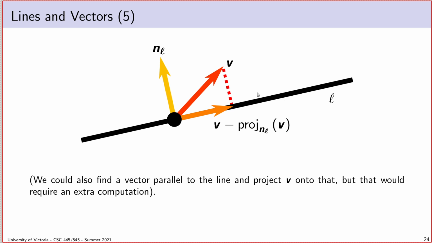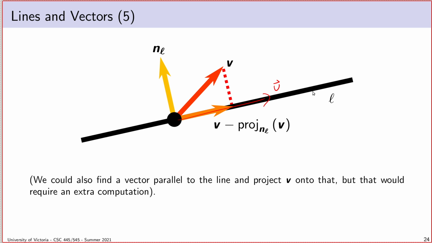Now, again, the slides are pointing out, you could argue that if you just get a vector parallel to the line and project onto that, you'd save some work. But how are you going to get that vector? You already have the normal vector, and you'd need to use the normal vector to get this other vector that you might be able to use. And moreover, this is fine if I'm working in 2D, because the line is only in one direction, so I only need one vector to be parallel to the line.